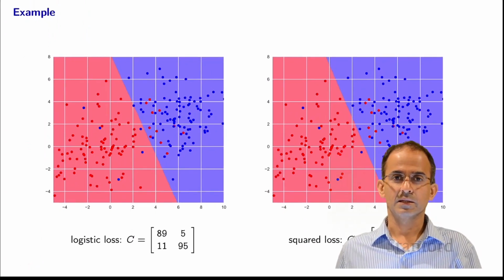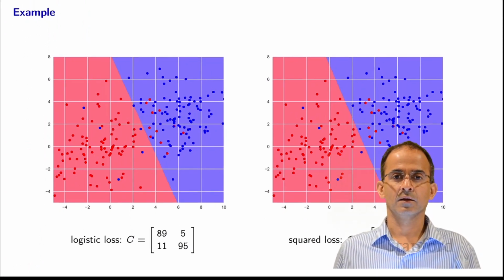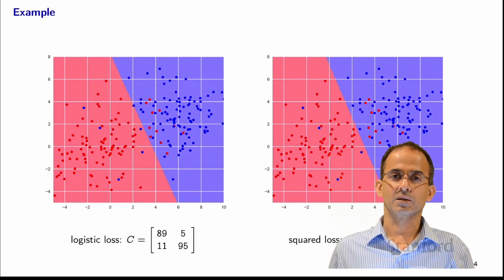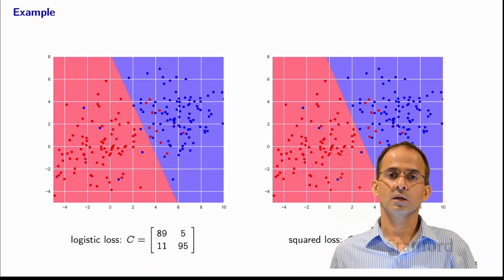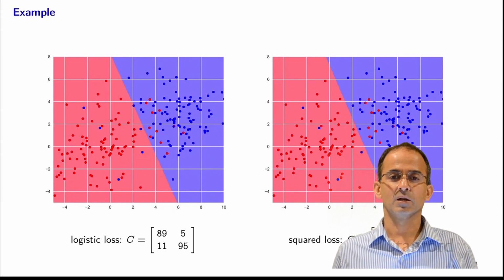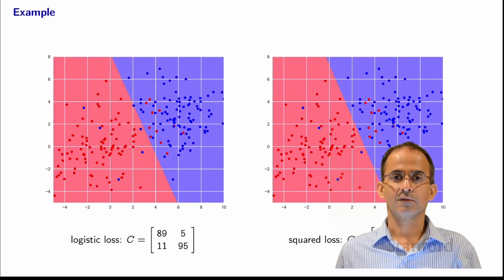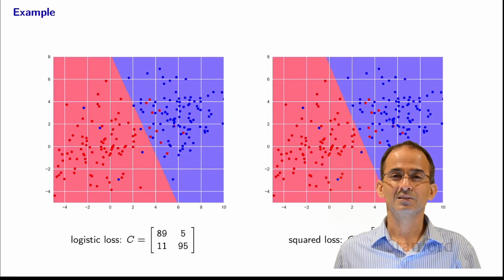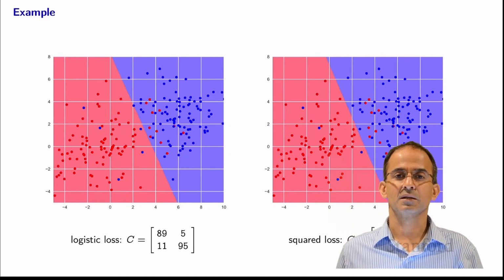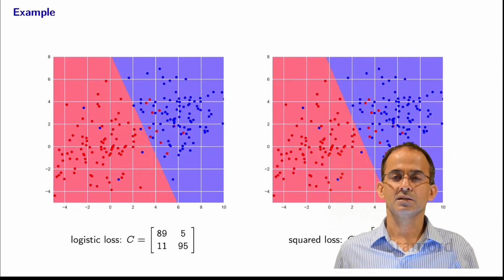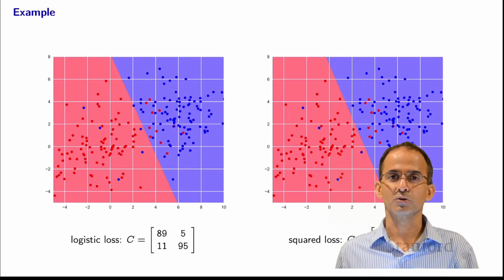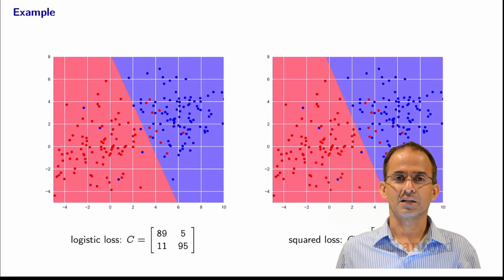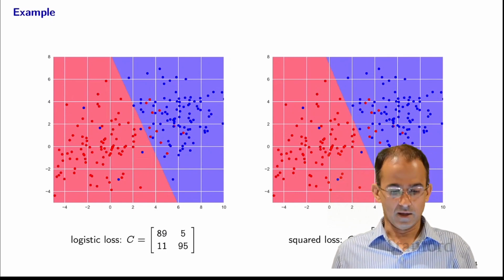On the right here, we see exactly the same data set, only the classifier has been computed with the squared loss. And we can see very similar performance. In fact, the only difference is that this has a slightly smaller error rate, 15% as opposed to 16%. But that's in no way a general conclusion, just a particular feature of this data set.